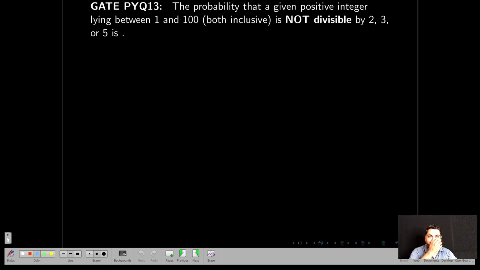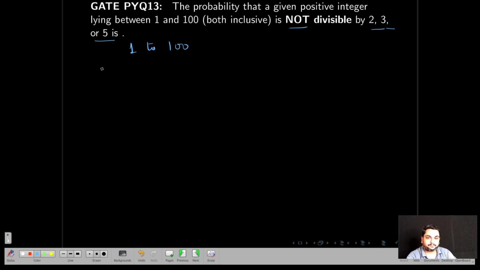Next, the probability that a given positive integer lying between 1 to 100 is not divisible by 2, 3 or 5 is. Okay, very simple question but very lengthy.